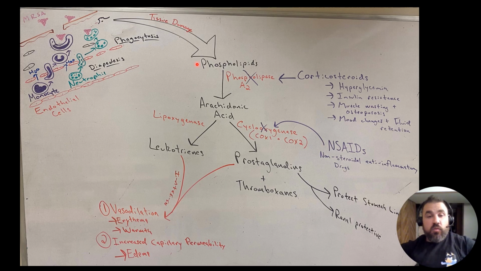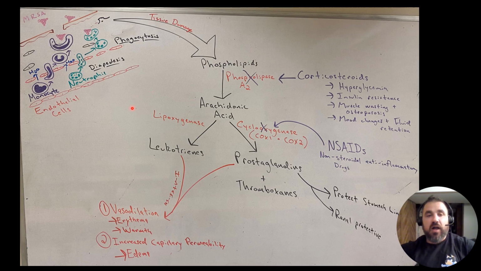A certain enzyme, phospholipase A2, which is crossed out here, I'll explain that later, will break down phospholipids into a specific fatty acid, arachidonic acid, which is an inflammatory fatty acid. Why is it inflammatory? It gets further broken down via two pathways.